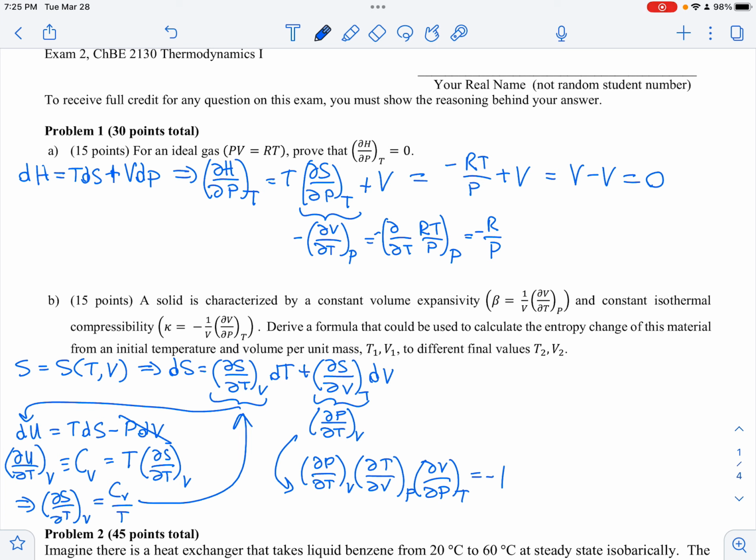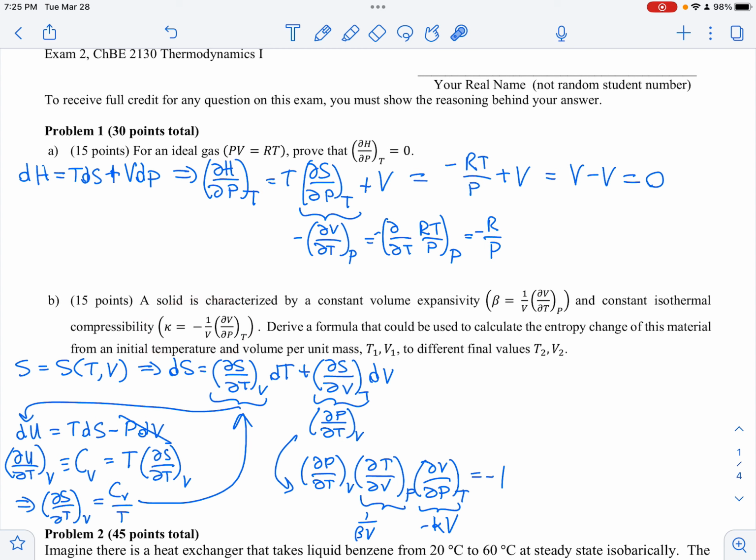So notice now that dT/dV at constant P is actually 1 over beta V. Compare it to this equation: if you take 1 over this derivative, you get dT/dV, so that's equivalent to 1 over beta V. And this is going to equal minus kappa V, and that comes from this equation.